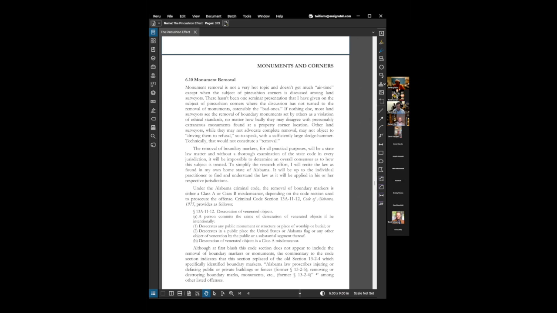Yeah, I've done this a few times, pulled monuments out, and usually my reasoning is that, well, first of all, it's got to be mapped. It's got to be on a filed map for me personally. I'm going to leave a record if I'm going to do something like that.